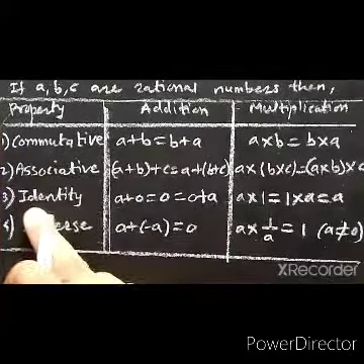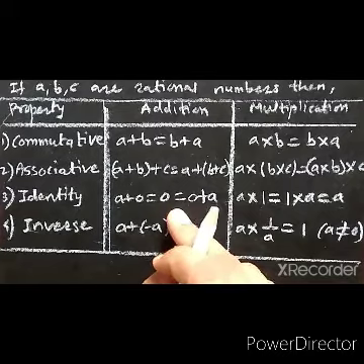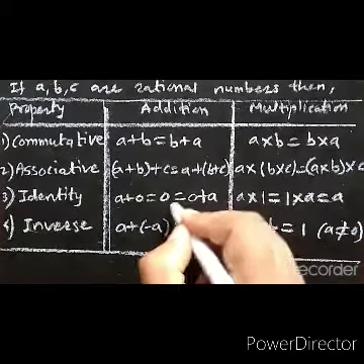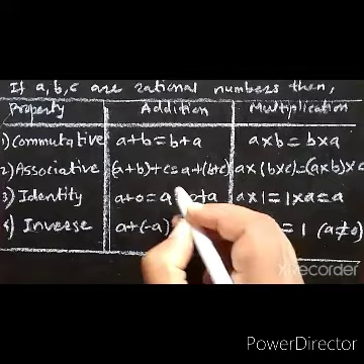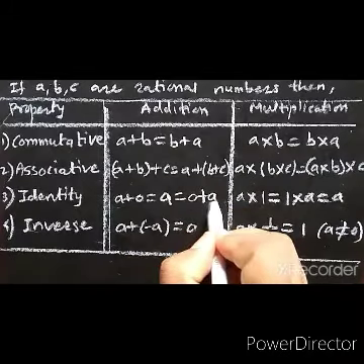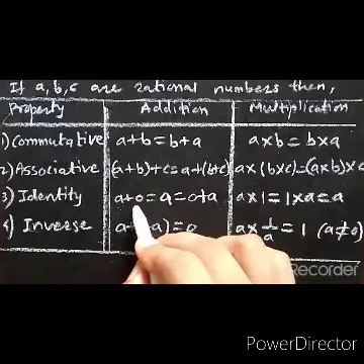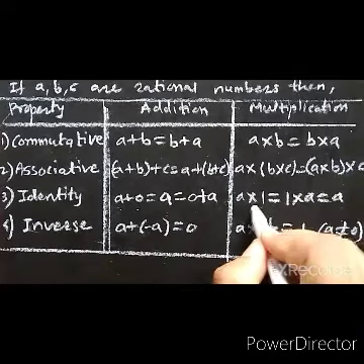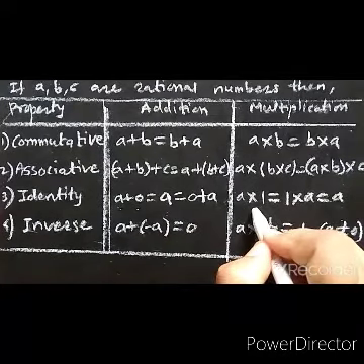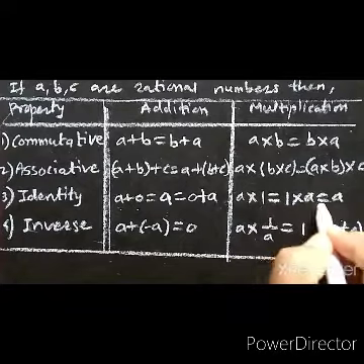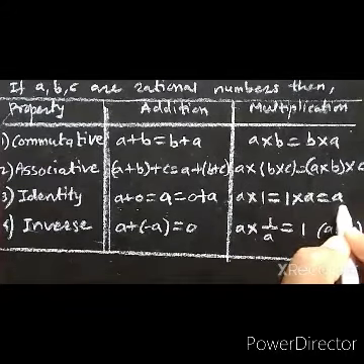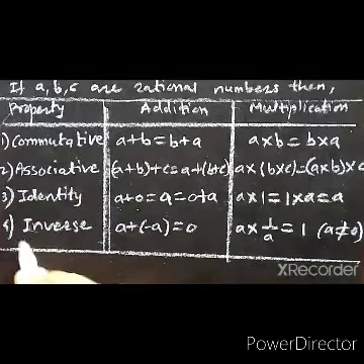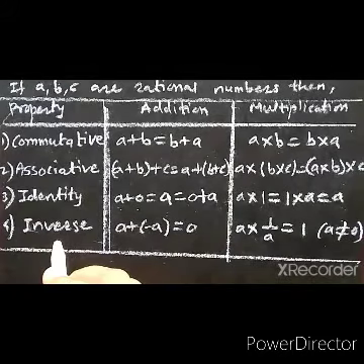A plus 0 is equal to A, and 0 plus A is equal to A. That is 1 plus 0, that is 1. 0 plus 1, that is 1. Same answer. Next, A into 1 is equal to 1 into A, that is, we will get answer A. That is called multiplication.